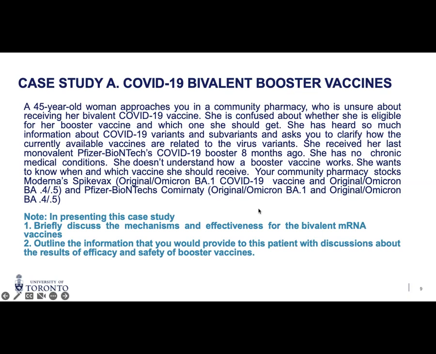She also lacks understanding of how booster vaccines work, particularly bivalent COVID-19 vaccines. She said she received a monovalent booster 8 months ago, and she now wants to know if she should get a booster and which one she should get. Those are very good questions.